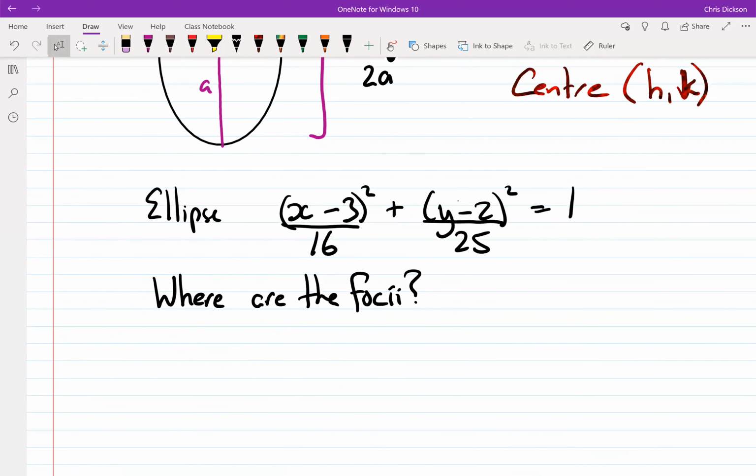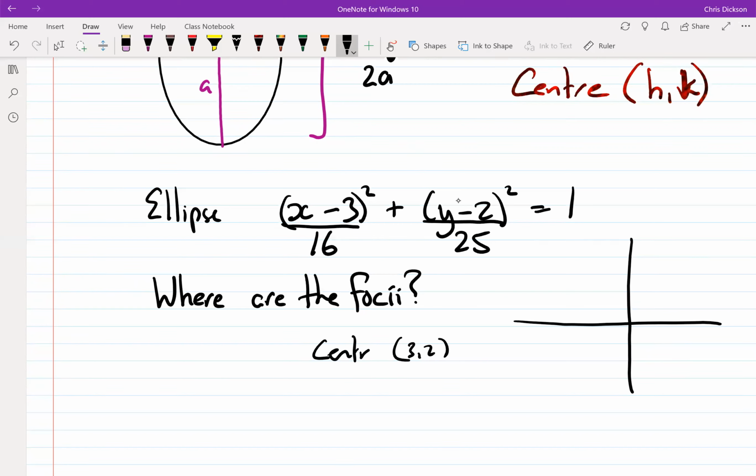So I'm going to say that this thing would have to have a center at 3 comma 2. 3 comma 2 would be the center. So 1, 2, 3, 1, 2. Okay, so 3 comma 2. And then I know the a squared value is the bigger number, and that's 25.